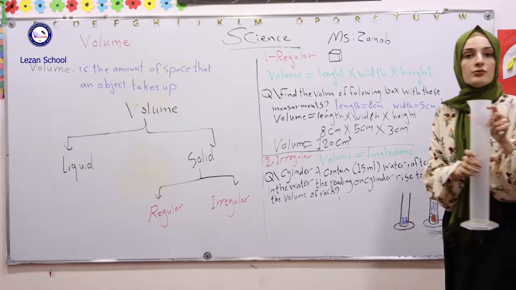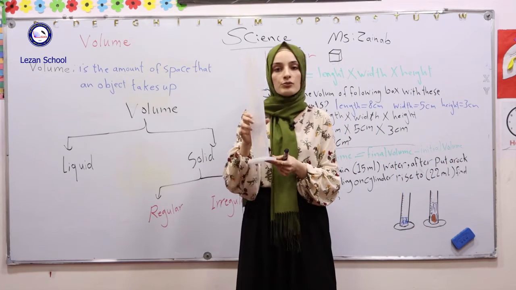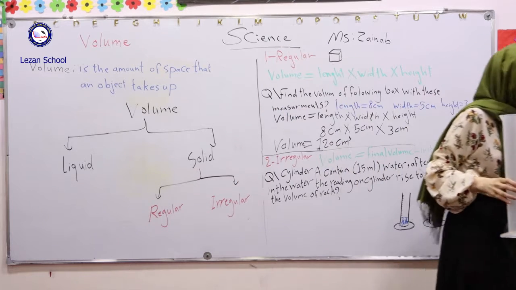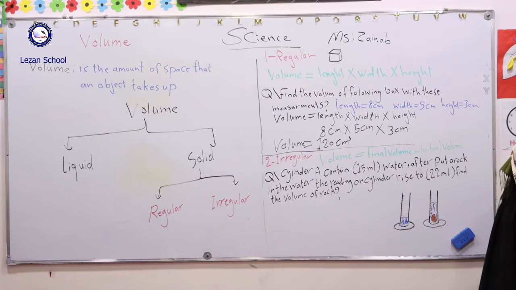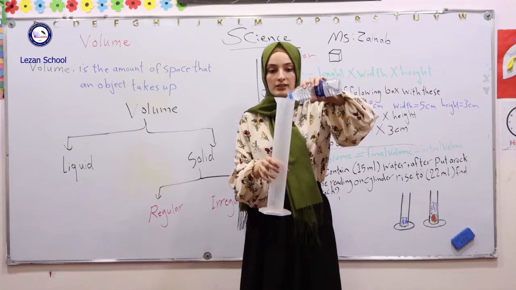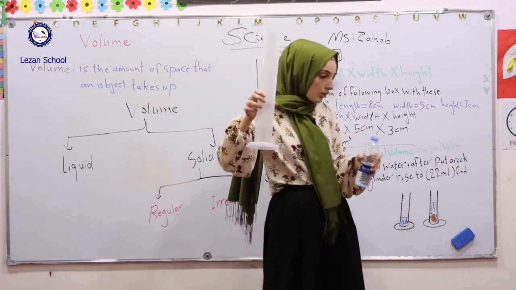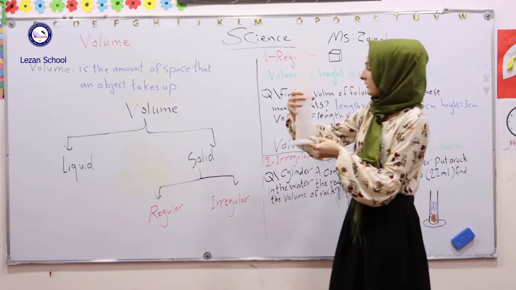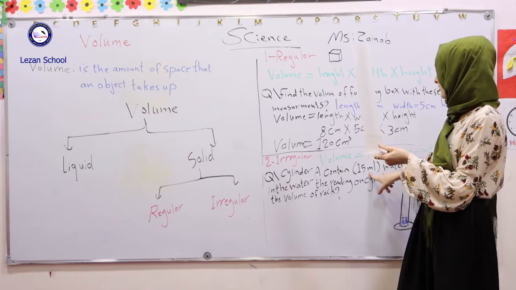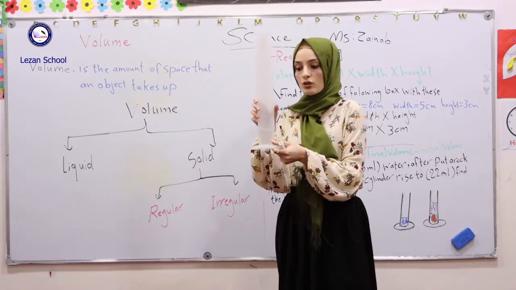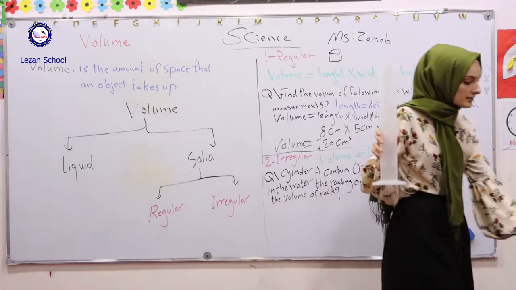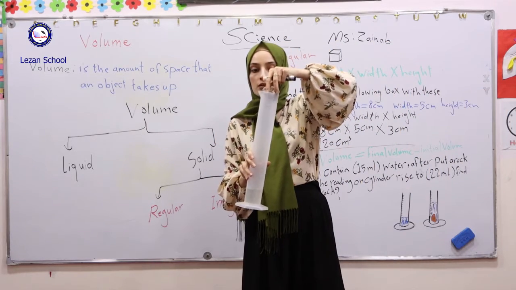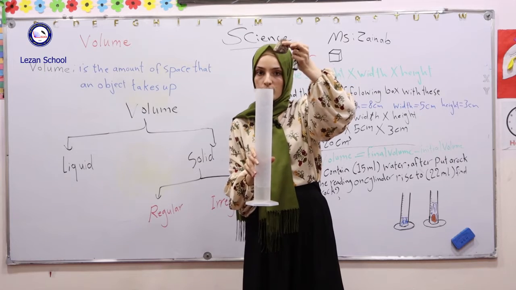For example, if we have a graduated cylinder and we want to find the volume of an irregular shape, how can you use it? For example, we have some water in here. Observe the amount of water in the graduated cylinder. For example, we have 50 milliliters of water. After that, we have this irregular shape, this rock.